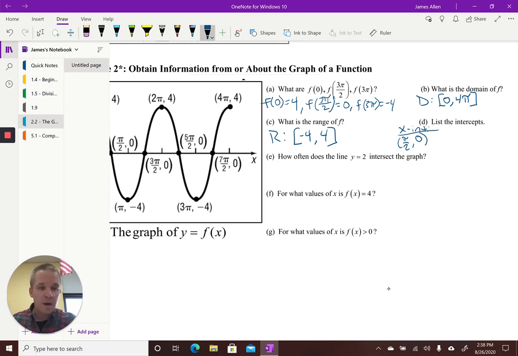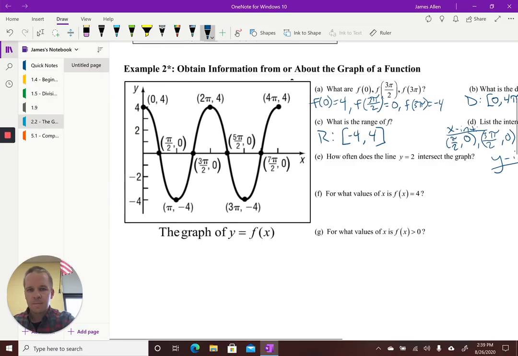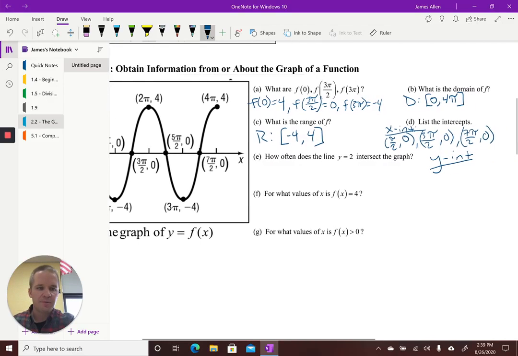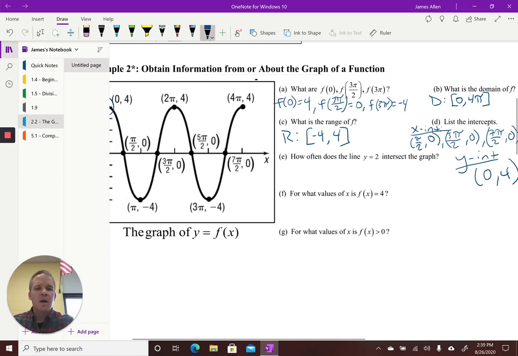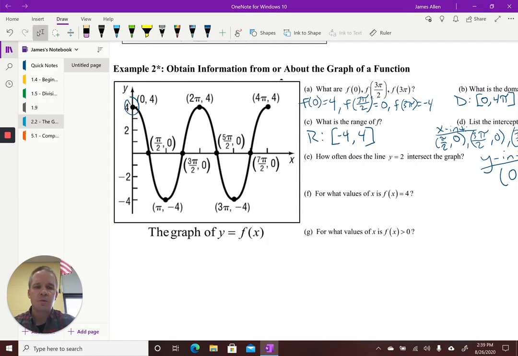We have 3 pi over 2, comma 0, and 7 pi over 2, comma 0. All right. And then for my y-intercepts, there's only one here. There it is, 0, comma 4. All right. Since it is a point, I like to write it as an ordered pair. Some will accept just the x value or just the y value, but because it's a point on the graph, I'm writing it as an ordered pair.